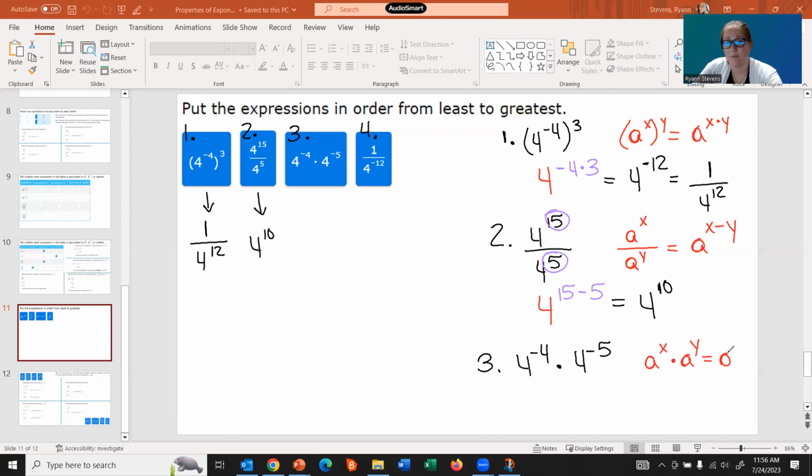And so we would say our base is going to stay the same, and then we would just add those exponents together. So x plus y. When we do that, we're going to have 4 stay the same, and then our exponents are negative 4. We're going to add negative 5. And so in this case, we have 4, and then negative 4 plus negative 5 is negative 9.